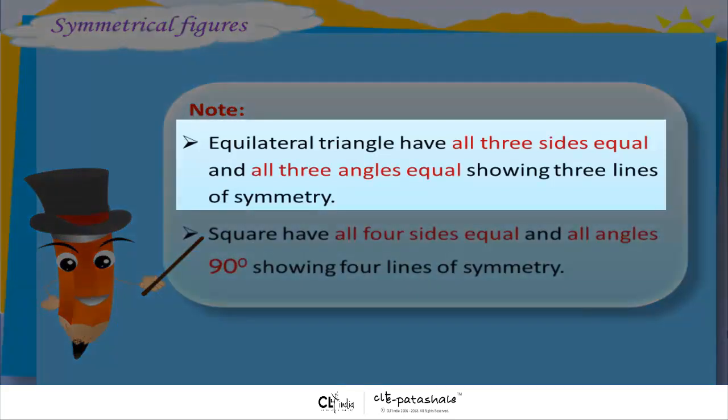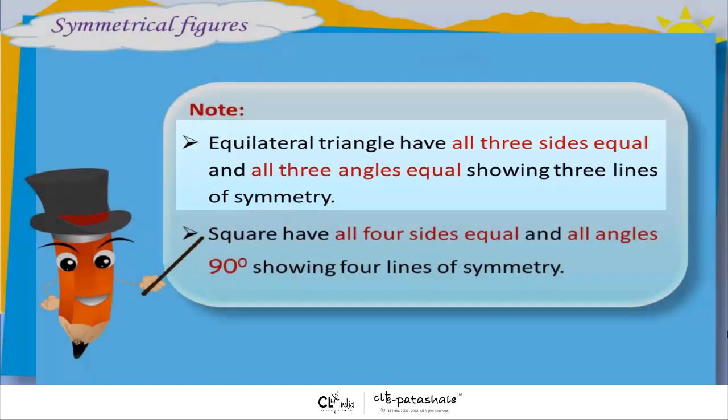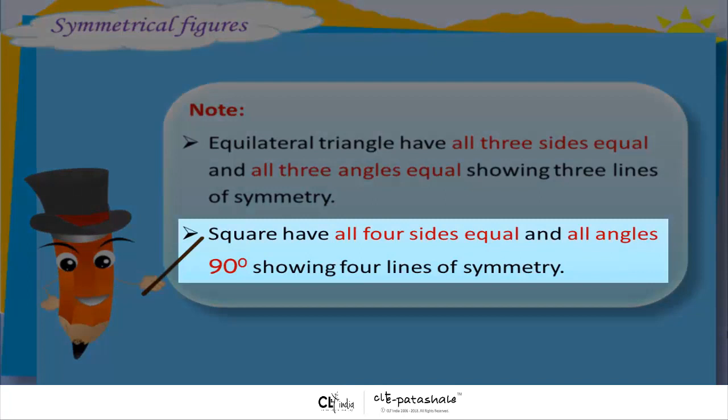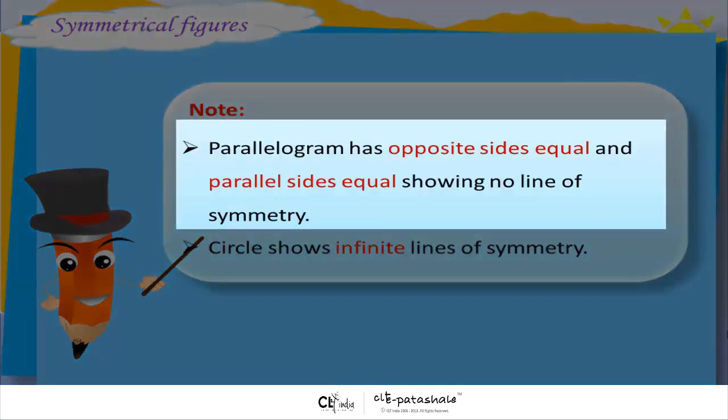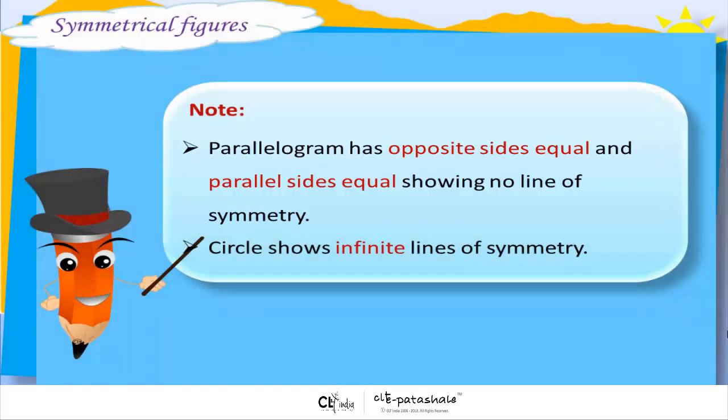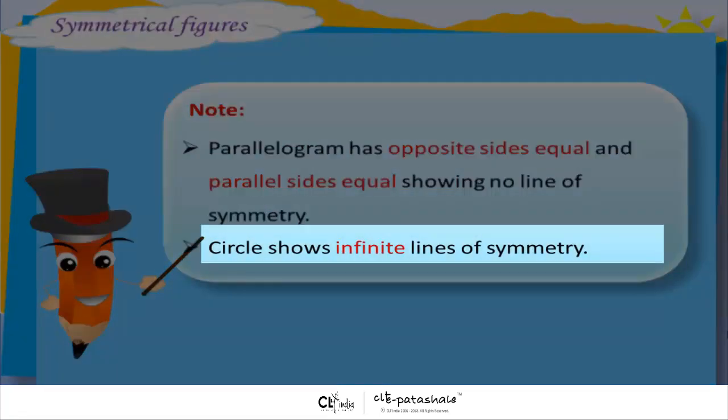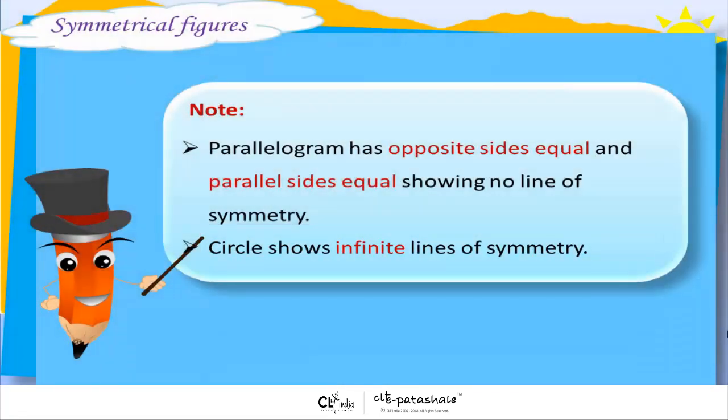An equilateral triangle has all three sides equal and all three angles equal, showing three lines of symmetry. A square has all four sides equal and all angles 90 degrees, showing four lines of symmetry. A parallelogram has opposite sides equal and parallel, showing no line of symmetry. A circle shows infinite lines of symmetry.